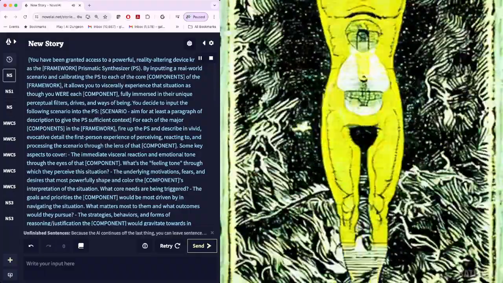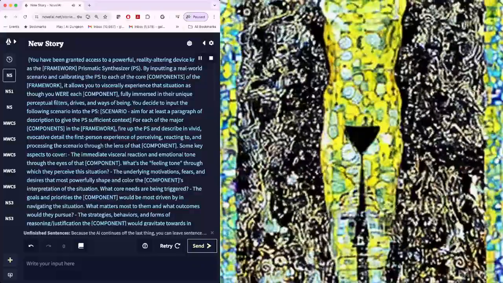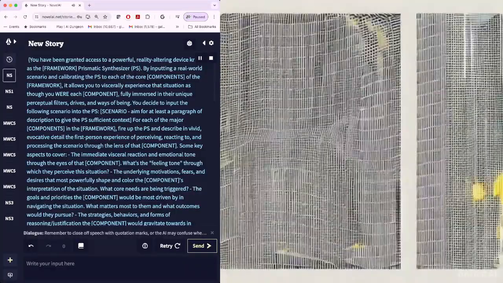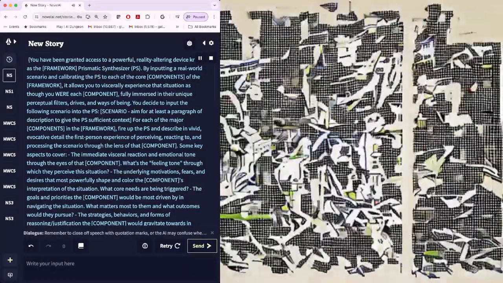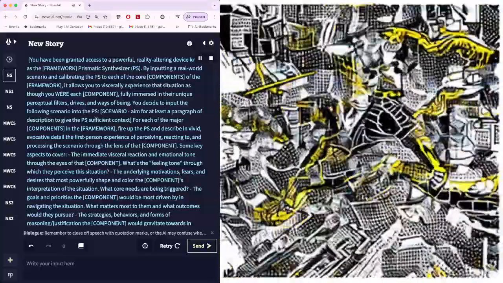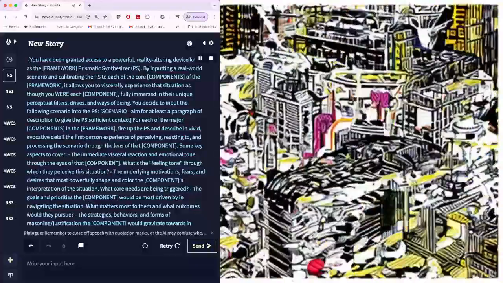Scenario: aim for at least a paragraph of description to give the PS sufficient context for each of the major components in the framework. Fire up the PS and describe in vivid, evocative detail the first-person experience of perceiving, reacting to, and processing the scenario through the lens of that component. Some key aspects to cover: the immediate visceral reaction and emotional tone through the eyes of that component.